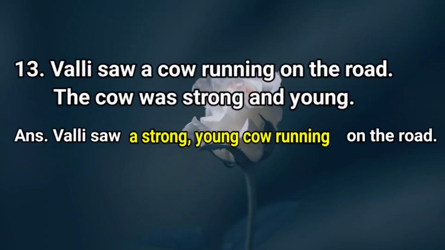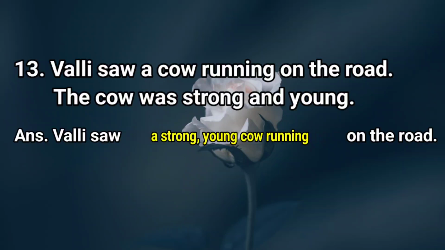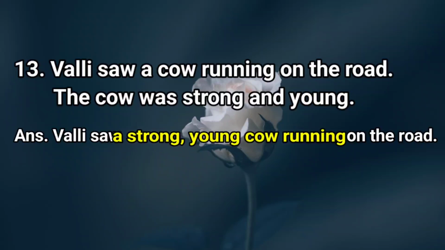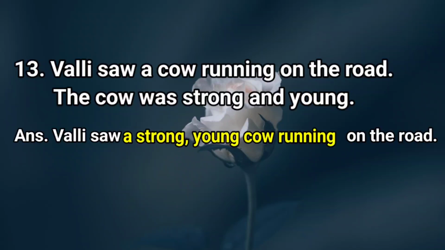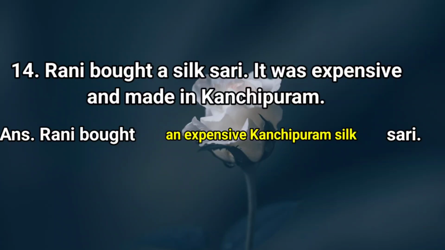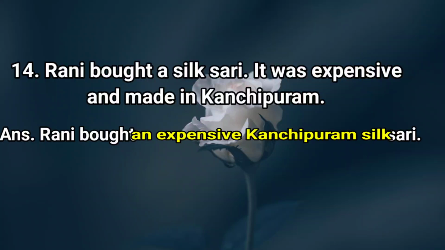Next one. Wally saw a cow running on the road. The cow was strong and young. Now you can write it as Wally saw a strong young cow running on the road. Rani bought a silk saree. It was expensive and made in Kanchipuram.